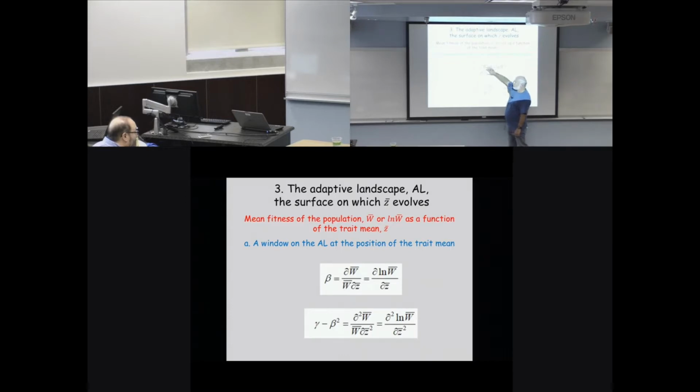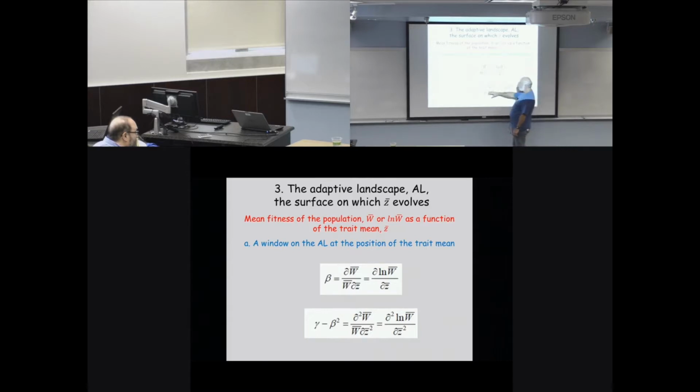Beta is the first derivative of the adaptive landscape at the position of the population trait mean. Well, it's actually the first derivative of the logarithm of W bar at the population mean.